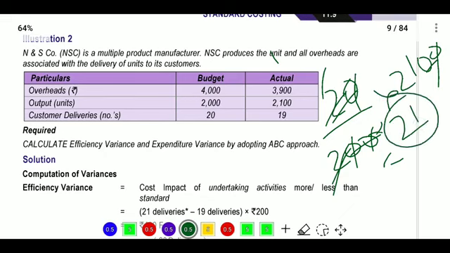It will become 21 deliveries when we take 2100 actual.